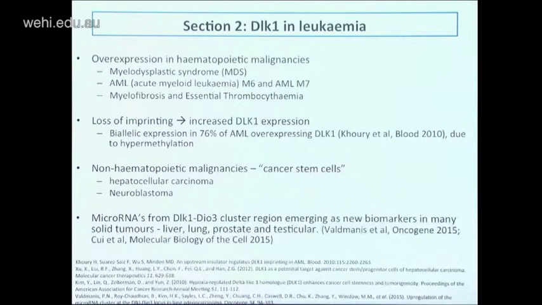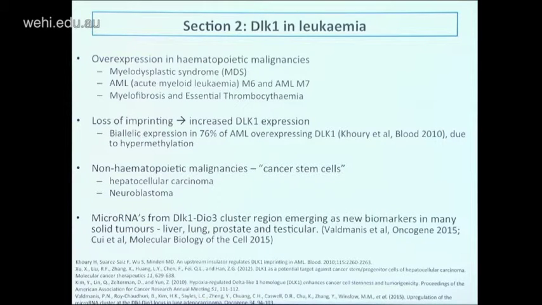Another interesting thing they showed in their study was that in their primary AML patient samples, more than 60% actually overexpressed Dlk1. So obviously it was very frequently overexpressed in human leukemia.